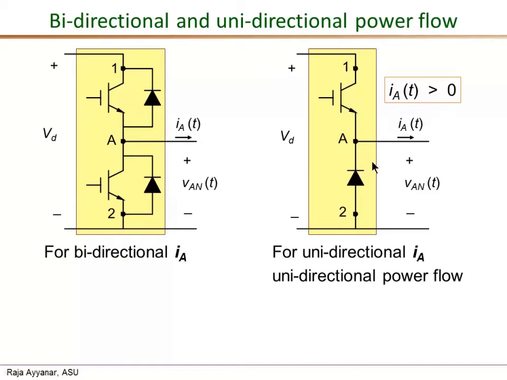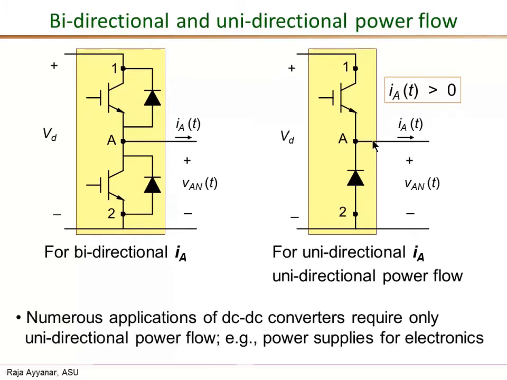Okay. So we'll see that at least in our initial discussions on several basic DC-DC converters, we'll be using this implementation for the bipositional switch, because there are numerous applications, especially in DC-DC converters, where we are guaranteed that IA is always positive, and that is because the power flow is from a set source side to a set load side, and there is no reason for the power flow to reverse.